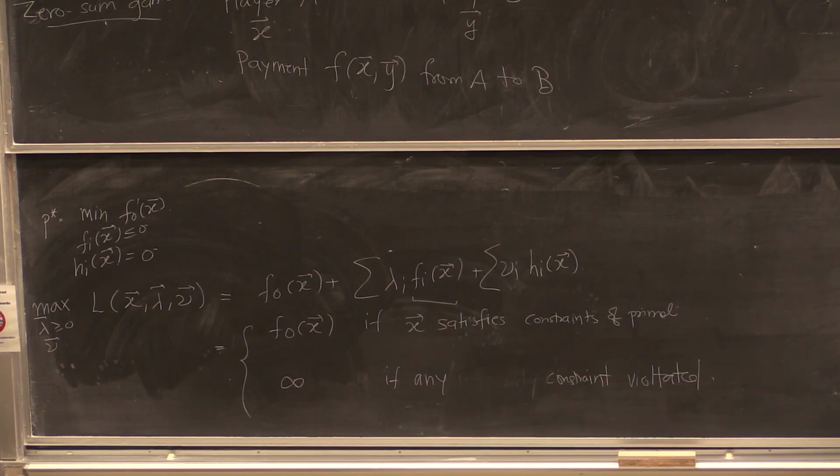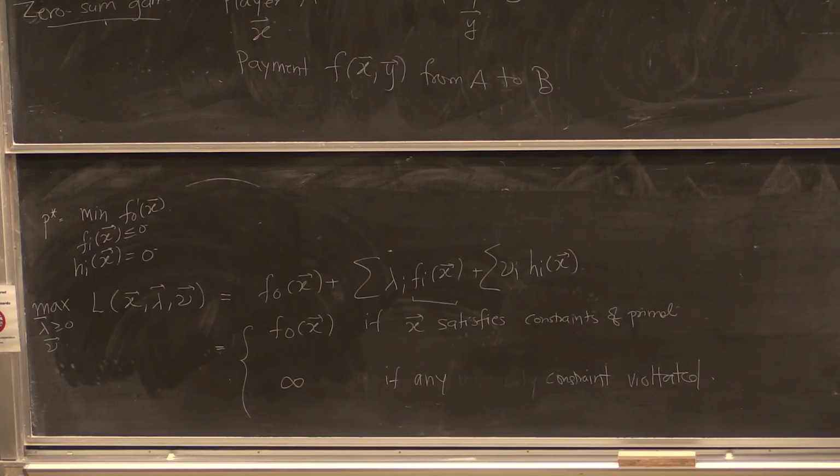Okay. What if B goes first? If B goes first, and let's say it chooses y naught, then what am I going to do? I have f of x comma y naught, which is now fixed. Y naught is pegged.